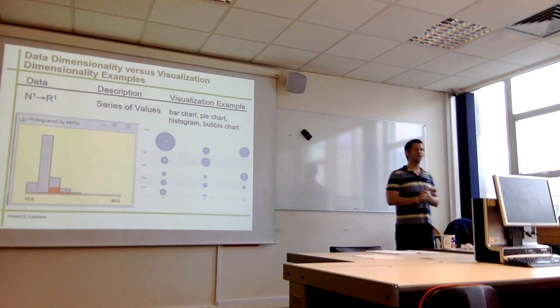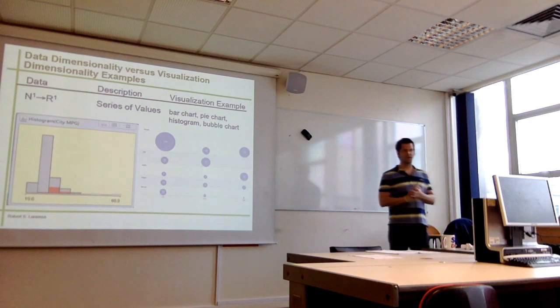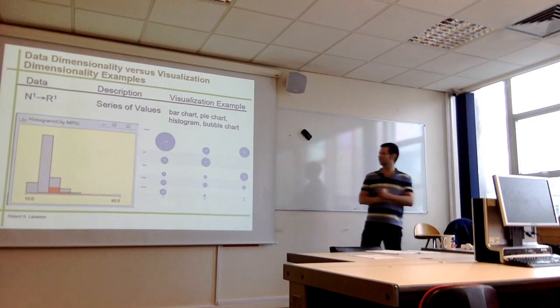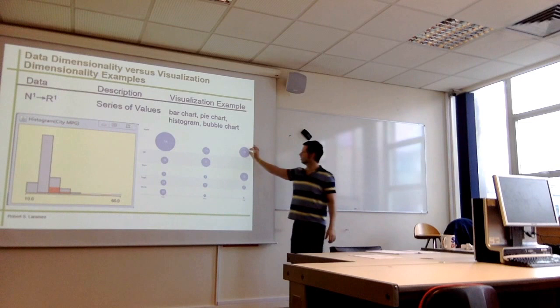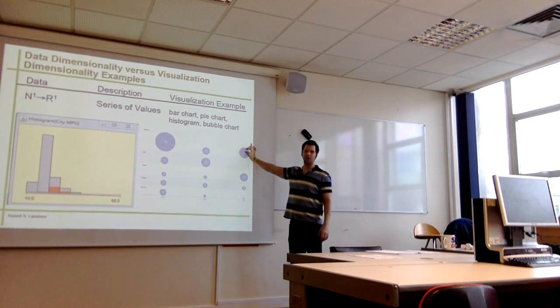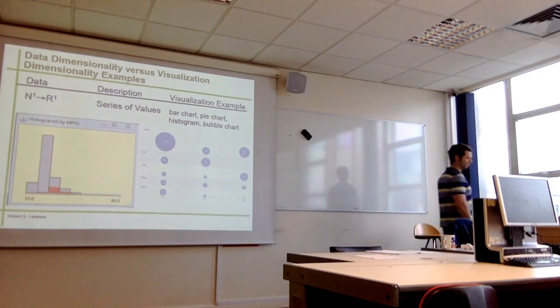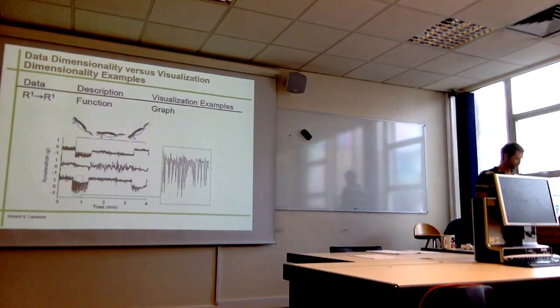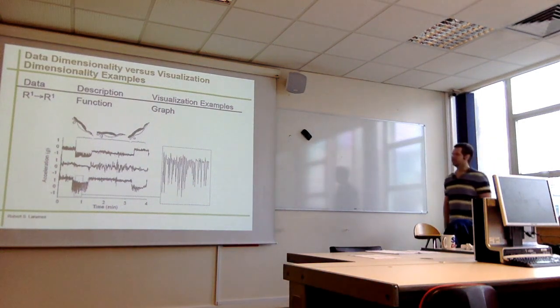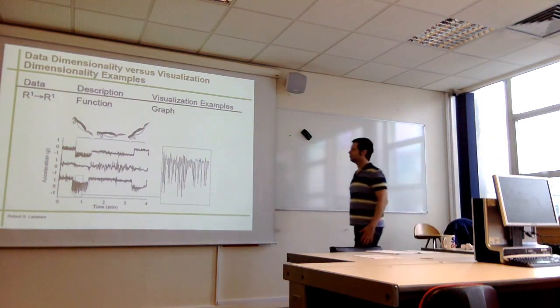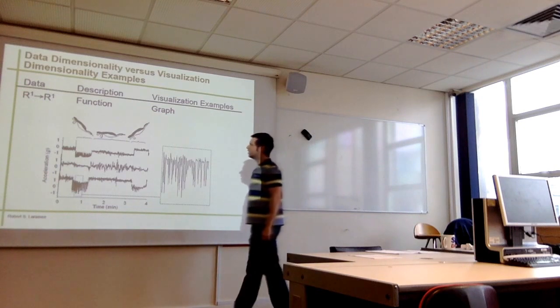They're examples of one-dimensional data visualizations, and these are the ones you're familiar with, right? These are the bubble charts. The thing that's changing in the bubble chart is the radius, the size of the bubbles. So that's the one dimension that's changing. Here's a set of real numbers being mapped to height again, right?